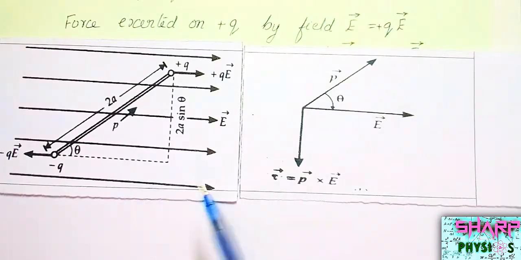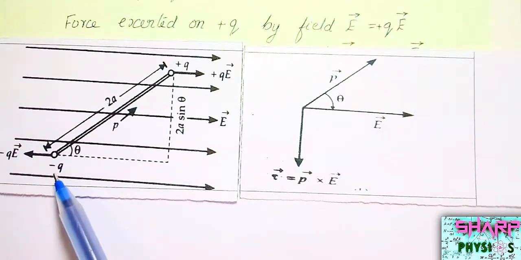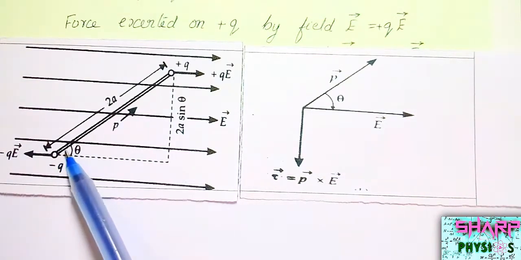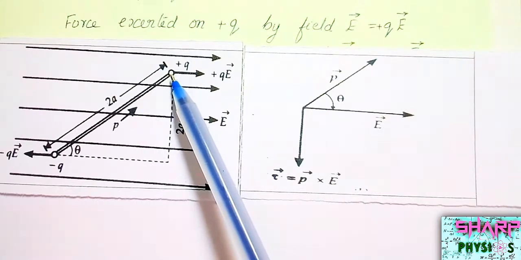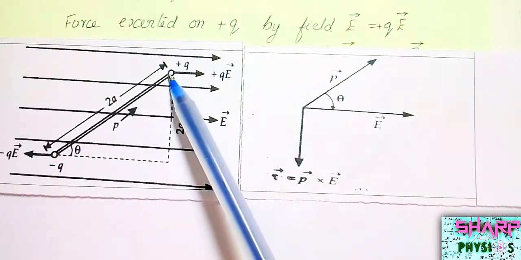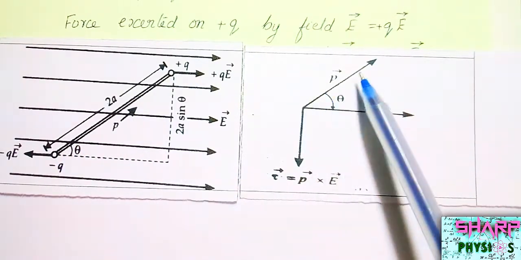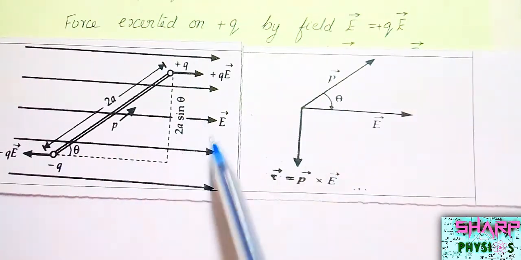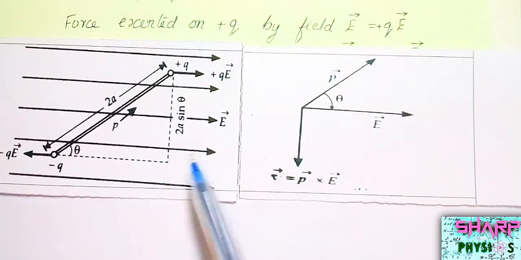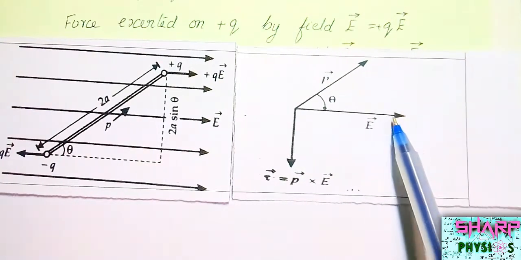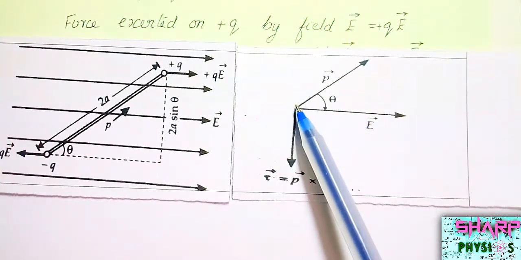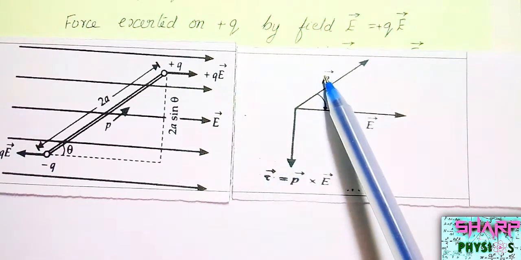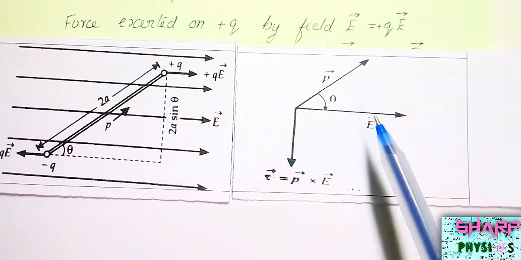So now we can calculate the torque. You can see in this diagram, the electric dipole moment is at this angle. So you get an angle theta from the electric field line. So you can calculate the torque by multiplying this and this.